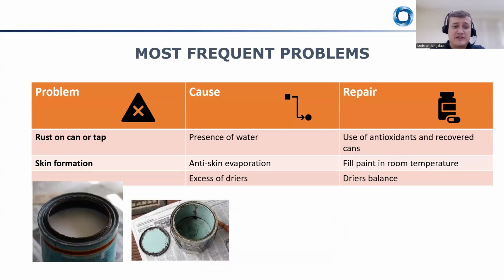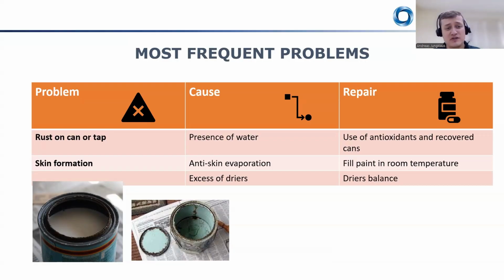So these slides summarize the most frequent technical issues that can occur in emulsions, along with their main causes and corrective actions. Overall, they show that emulsion stability and coating performance depend strongly on maintaining the correct chemical balance, process control, and raw material compatibility.